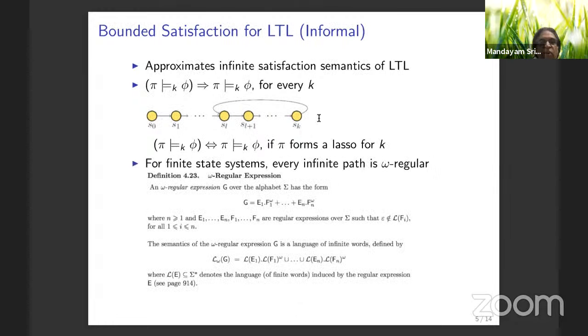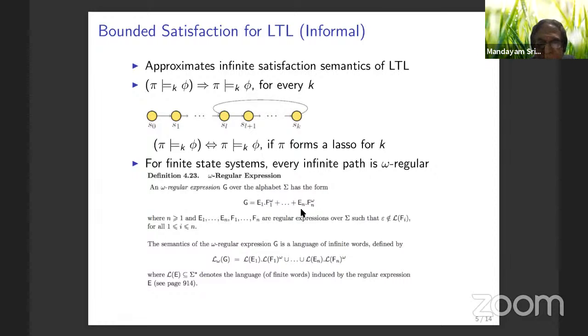And this is good enough for us, because as we saw, the way that we define finite state systems is that the only way you can make infinite paths out of them is this way.